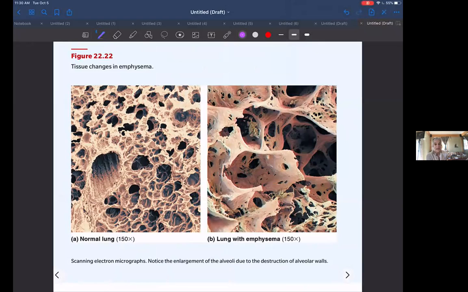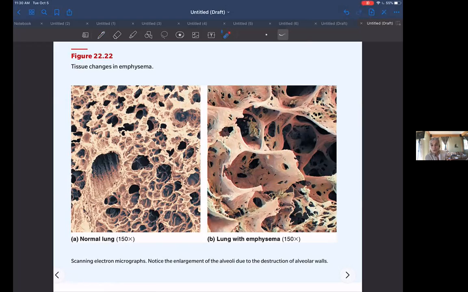You'll notice that there is much less surface area because some of the alveoli have collapsed and then become expanded. You'll also notice that the little d, the distance over which diffusion has to take place, has gotten thicker. So that's going to decrease your diffusion rate.